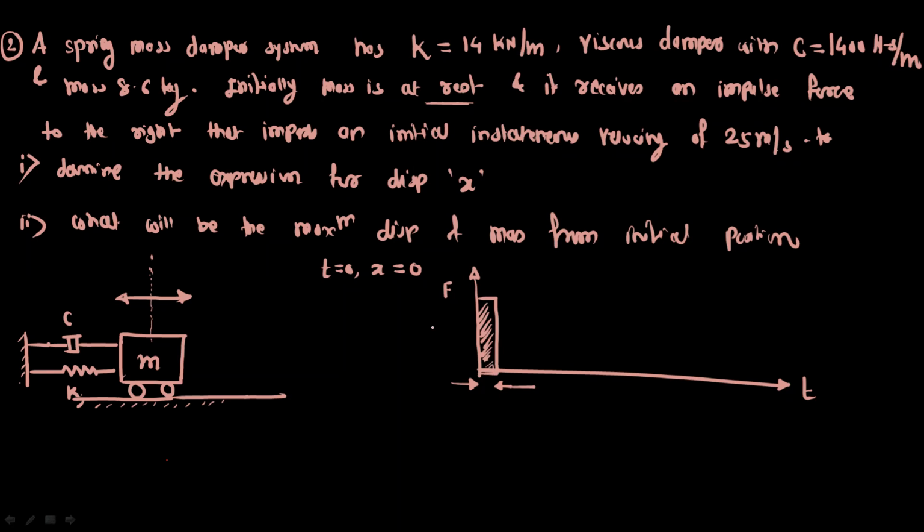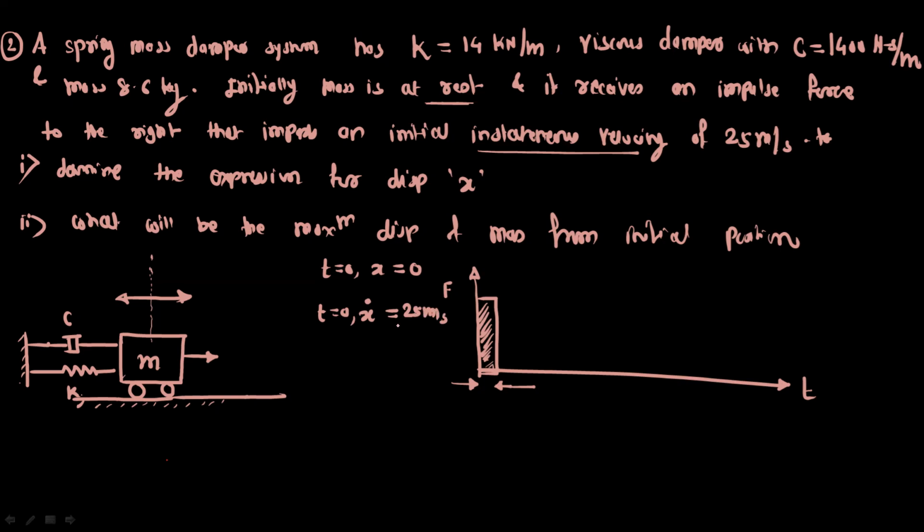So this force will provide this sudden velocity that is called the instantaneous velocity. Okay. So similar to if you hit the mass with a hammer, it will provide the impulse force. Okay. So this instantaneous velocity is for this mass only at the initial condition. Okay. So when t is equal to 0, the velocity x dot is equal to 25 meter per second.